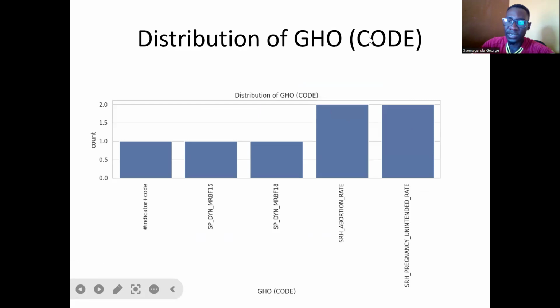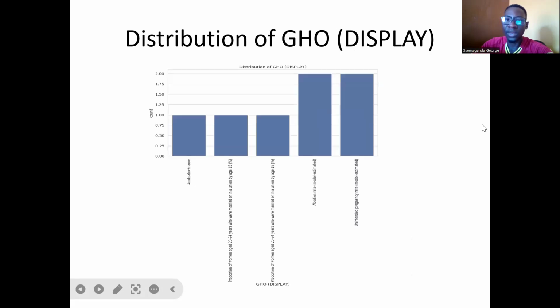Okay, they get an indicator, then they give a code to a given indicator. For example, maybe the abortion rate within a given age bracket of women, and then they get a display for that indicator. For example, here there is the proportion of women aged between 20 and 24 years who were married by age 15, the percentage.